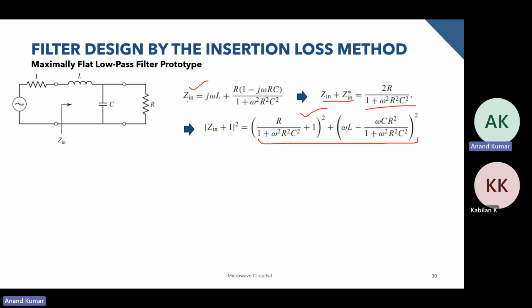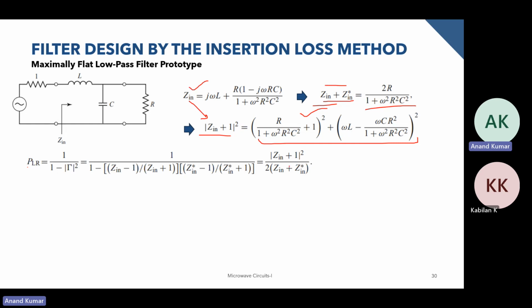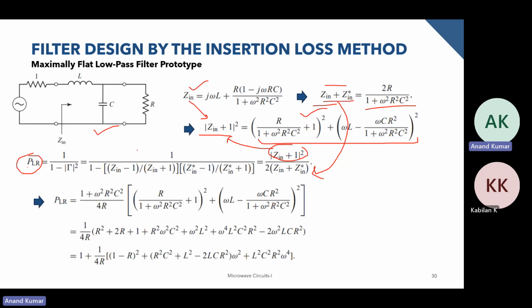We substitute the value of Zn, find Zn plus Zn conjugate and Zn plus 1 squared, and then substitute these two terms into the power loss ratio term. We're just trying to find the power loss ratio for this particular circuit. After a lot of simplification, this is what we end up with: the power loss ratio is this expression.